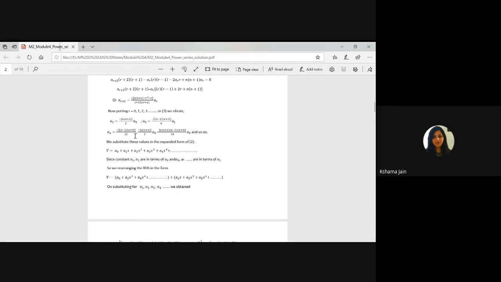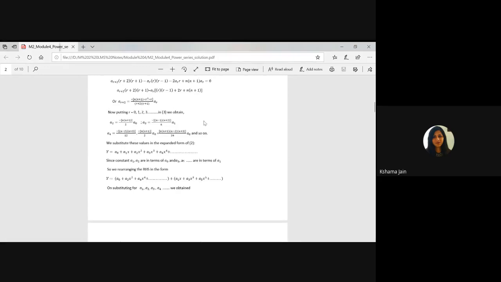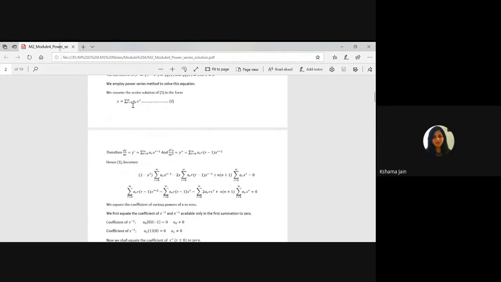Finally, the solution of the equation will be, the solution we assumed, summation a r x raised to power r. If you expand this series, it will be a naught plus a1x plus a2x square plus a3x cube plus a4x raised to power 4 plus so on.